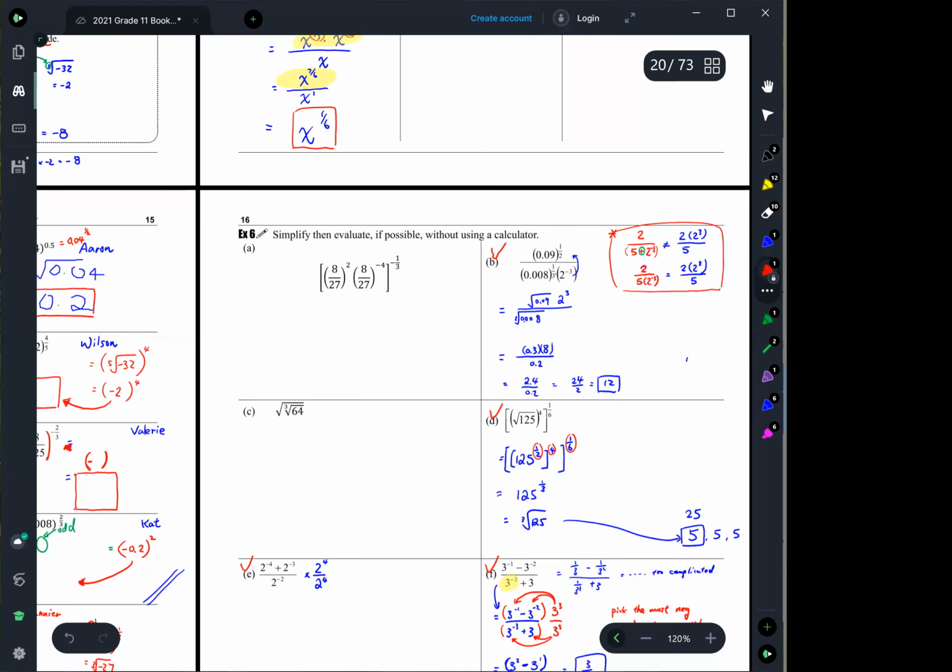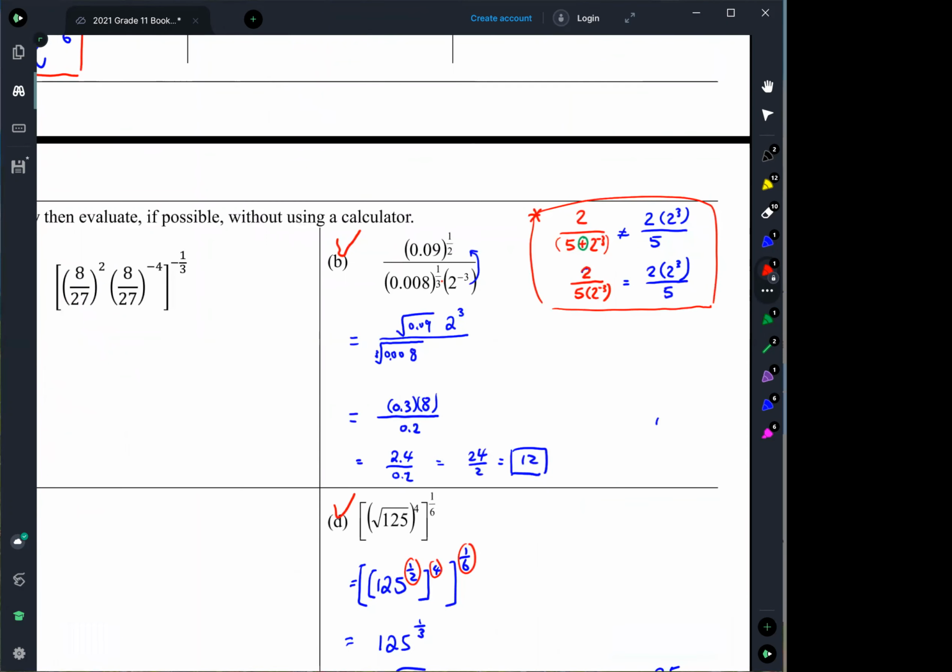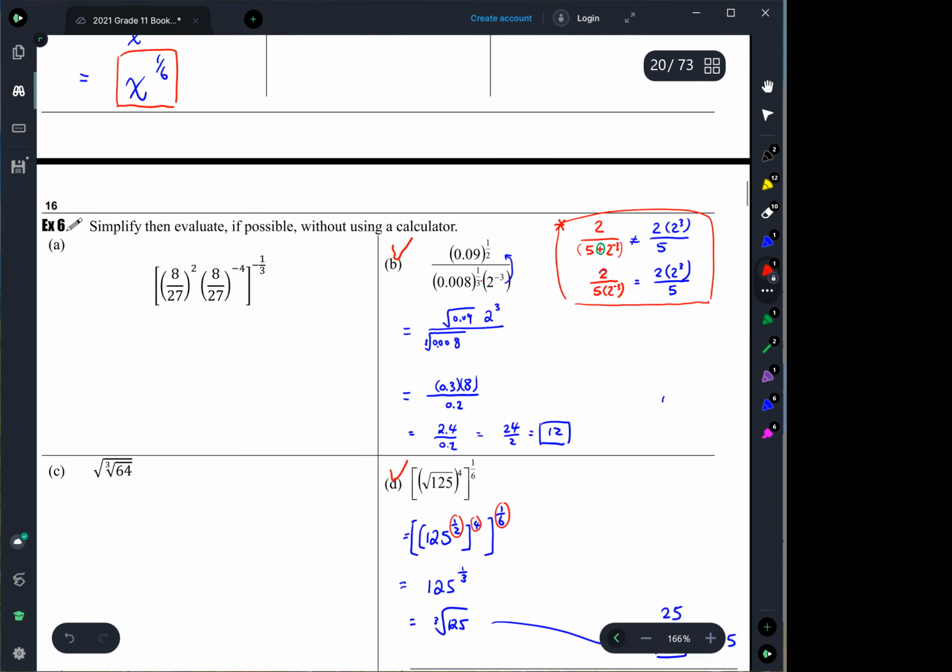Yeah, but I didn't fully write it down, it's just the one question I didn't get carefully. My parents got different answers, like 11 or something. Yeah, it should be 12.